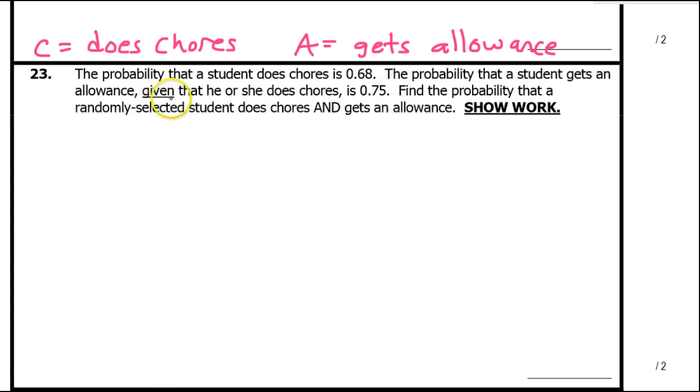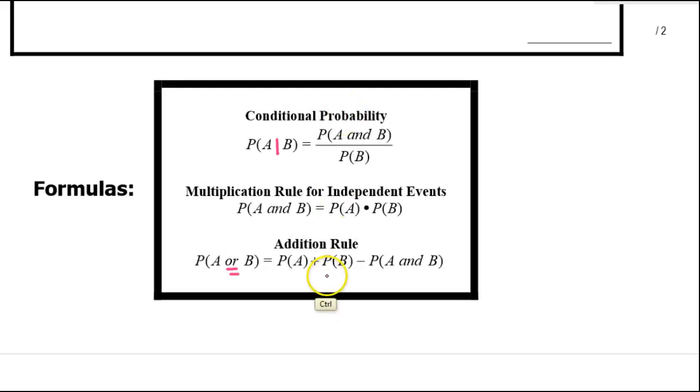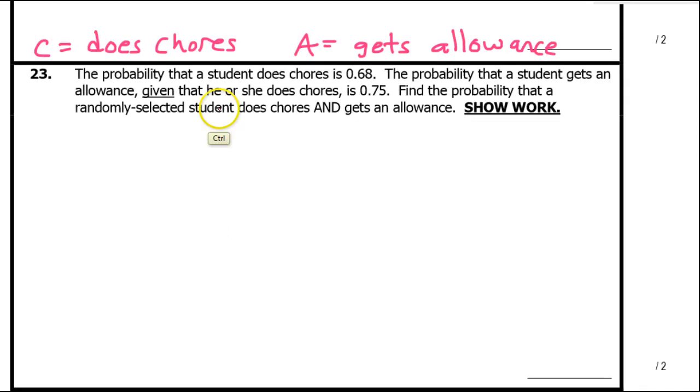Now, we see the word given in here. Right away, that tells us which one of these three formulas we're going to use. We're going to use the formula that has given in it. So let's go ahead and write that formula down. But instead of A and B, we're saying the probability that a student gets an allowance given that he or she does chores.